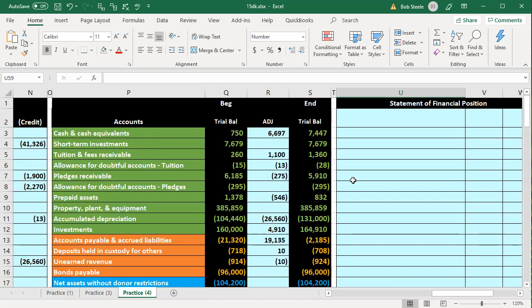Also note that we will be starting with the statement of financial position as opposed to the statement of activities. Many would argue that you should start with the statement of activities. It's not a big deal which one you start with, but some would argue that you do the statement of activities because that'll help you to calculate the net assets breakout between the restricted and unrestricted.